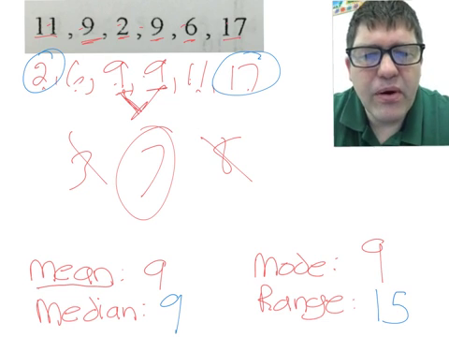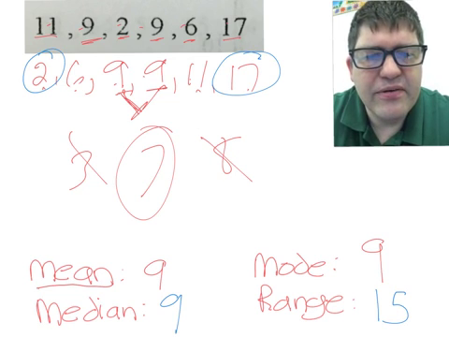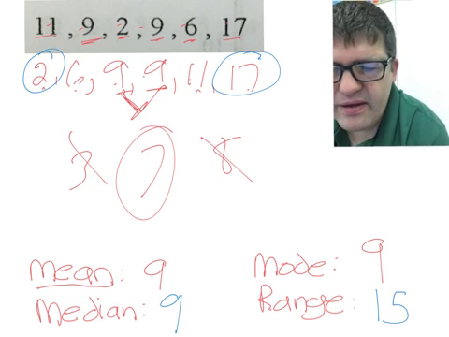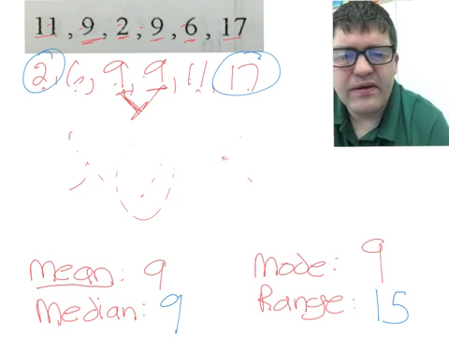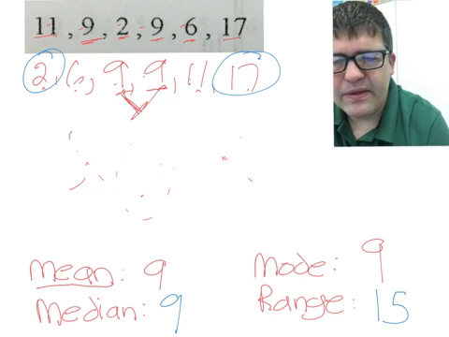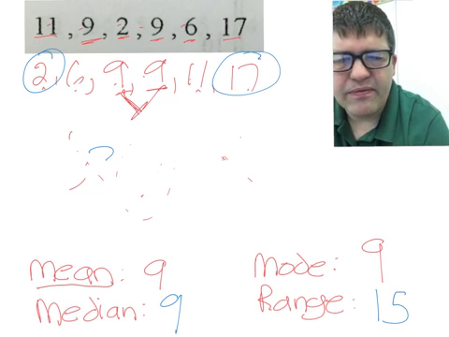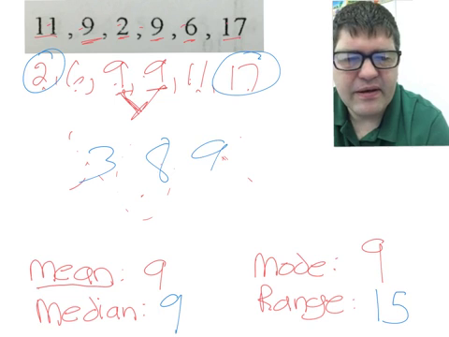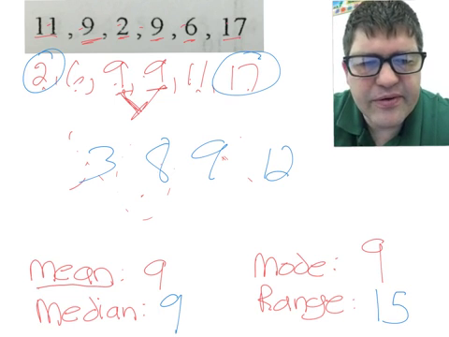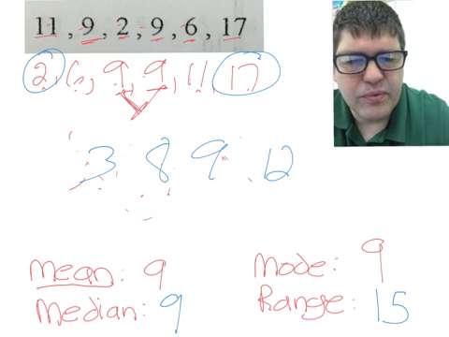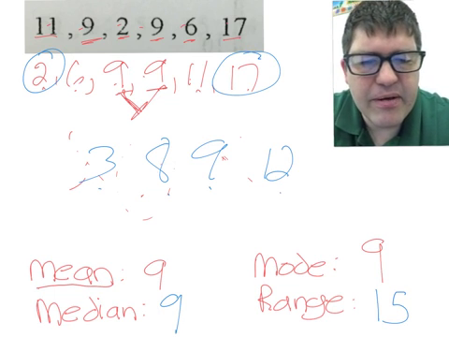Okay? Mode, if you don't have any that are used more than the others. So say you have a set like this: 3, 8, 9, 12, okay? And every one is just used one time, the same amount.